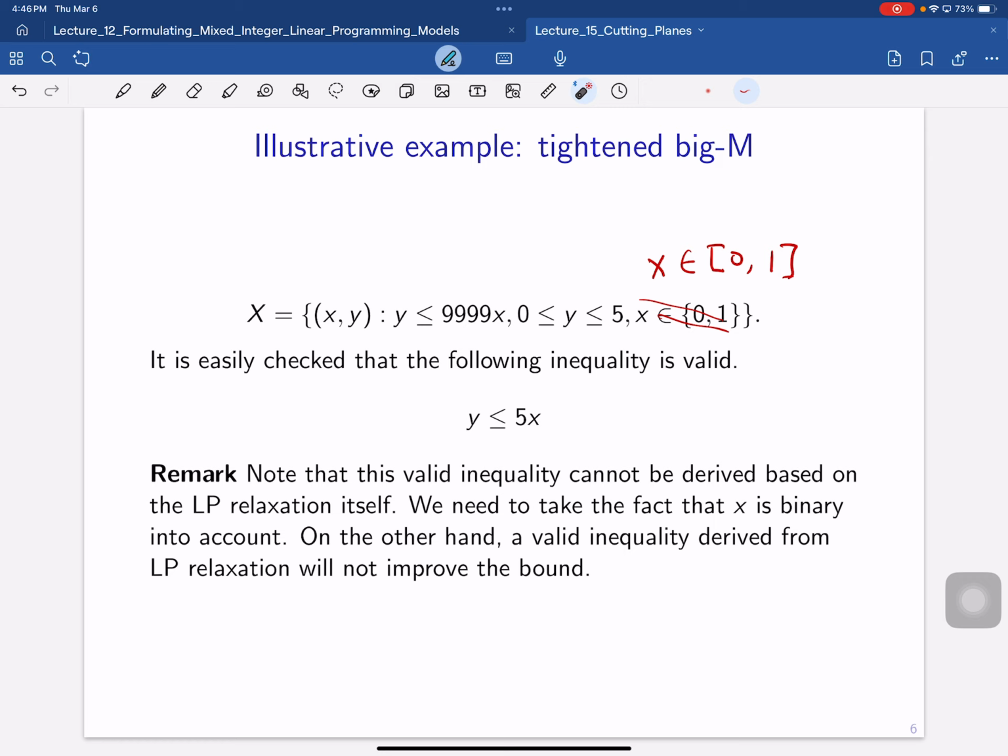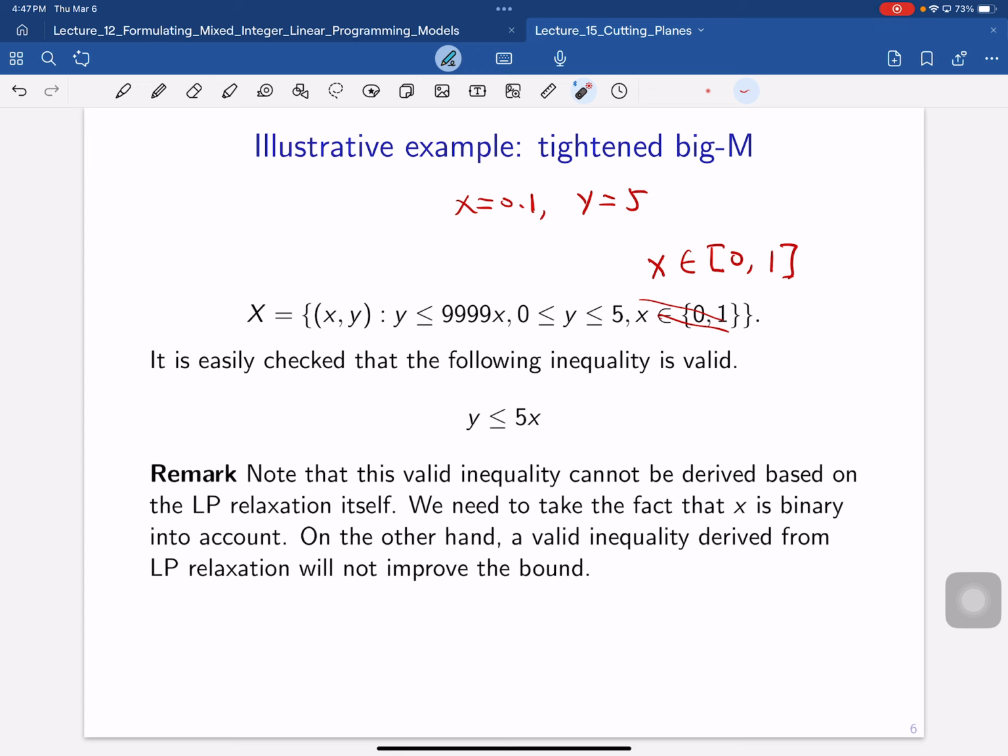Yeah, so 0.1 and 5, right? Okay. So let's say x equals 0.1, y equals 5. Right? If you check this point, it is clearly feasible for this big M constraint, right?